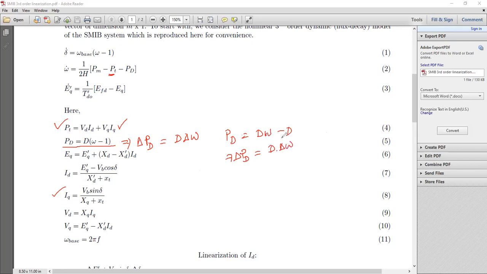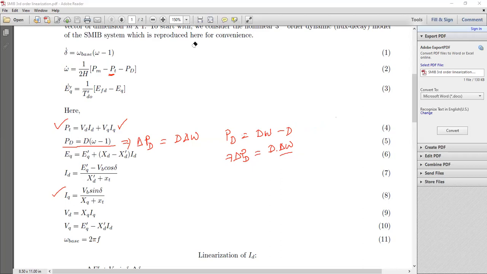Omega is a state variable, so you take the deviation variable, minus a constant, let's say 5 or 6 or whatever. If you take the partial derivative, you actually get nothing out of it. So D being a constant would not give you anything in the linearized version. So it is simply del PD equals D del omega.